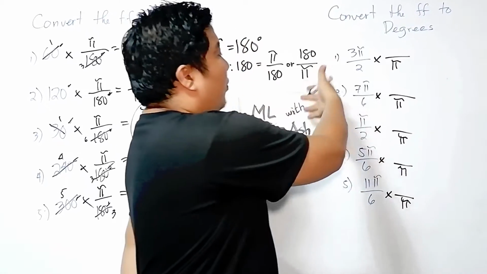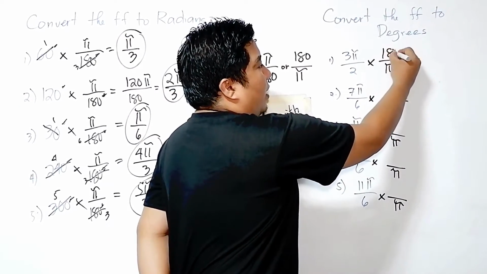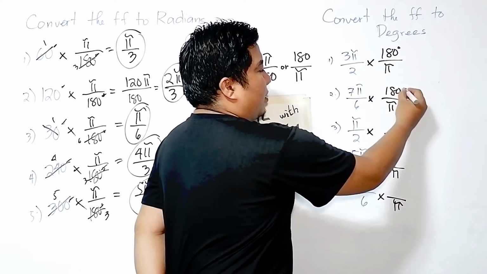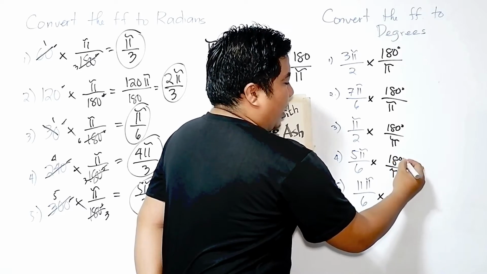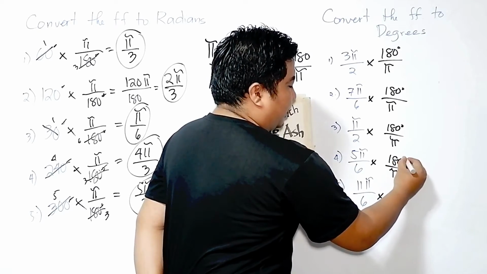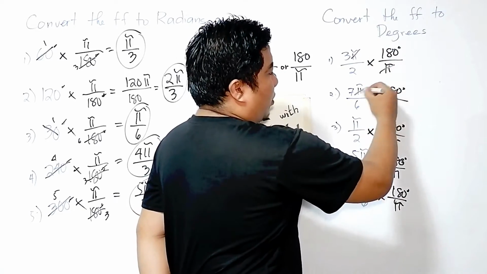Now, remember our conversion. If there is a 1 pi here, that is 180 degrees. Okay. So our final answer will have a degree measure. So, let us start. This will be cancelled, of course.